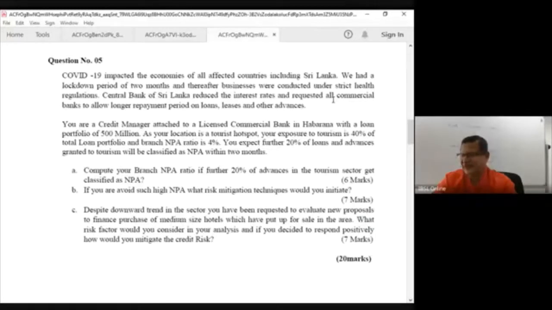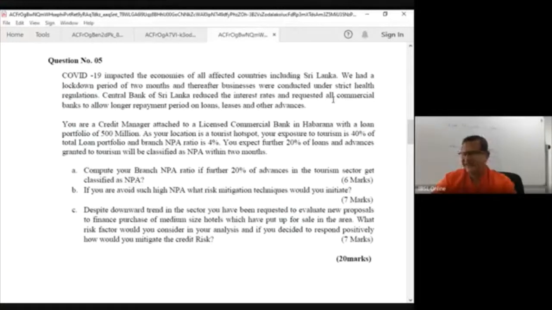But what you will achieve as a bank is 2 things. Just imagine this, the hotel they are going to buy is a facility which you have already given, which has been going into NPA. So you get an opportunity to recover your NPA and improve your NPA position. Second one, you are changing the customer from a customer who's been affected to a customer who's capable of repaying you a new loan.